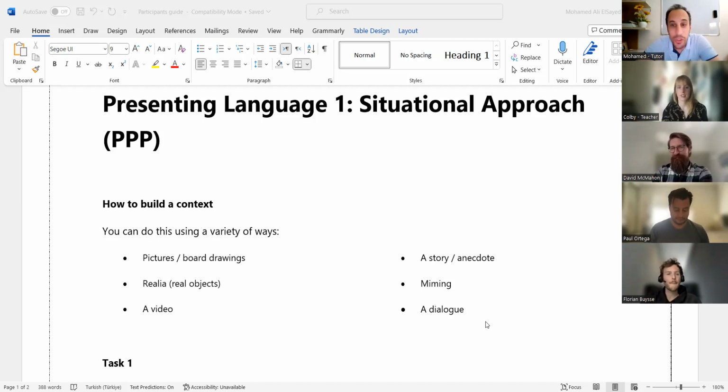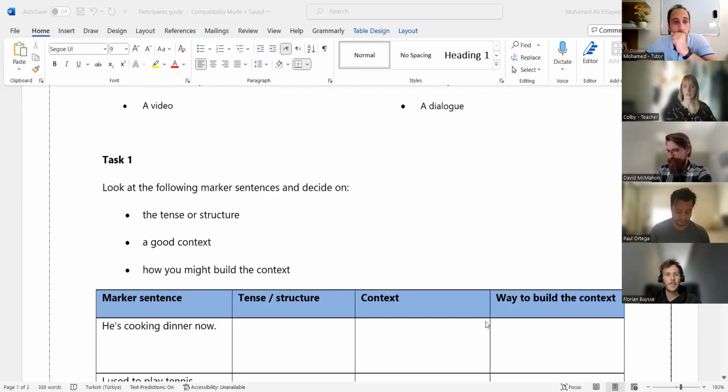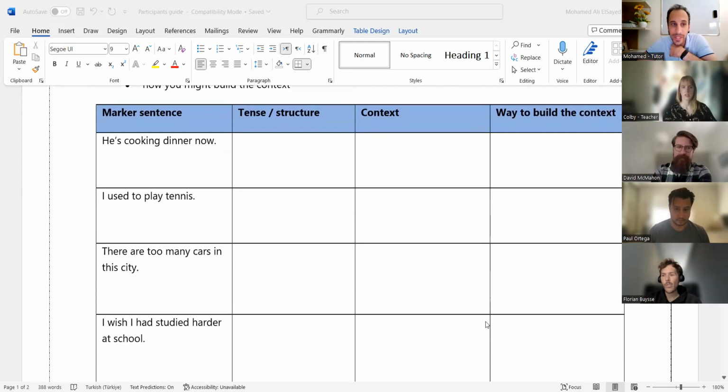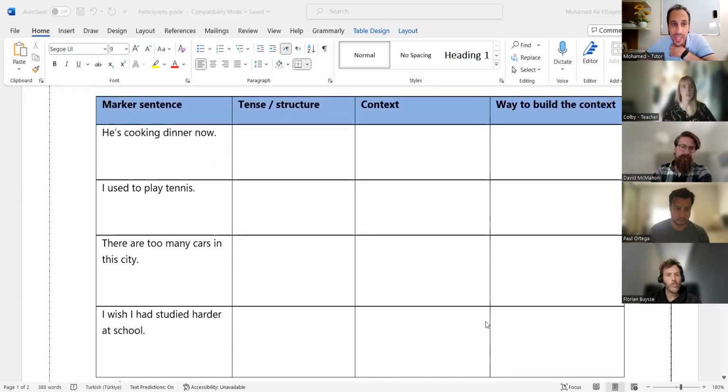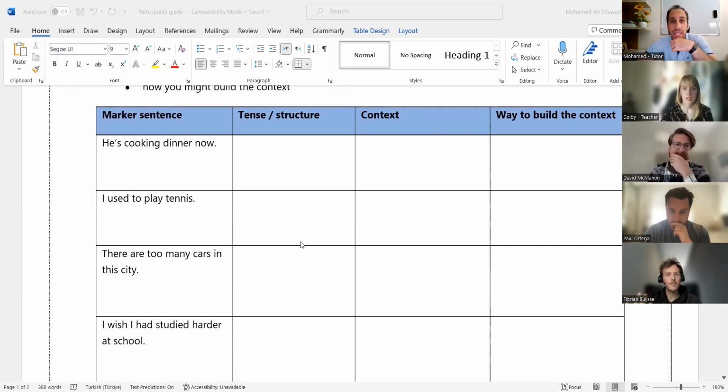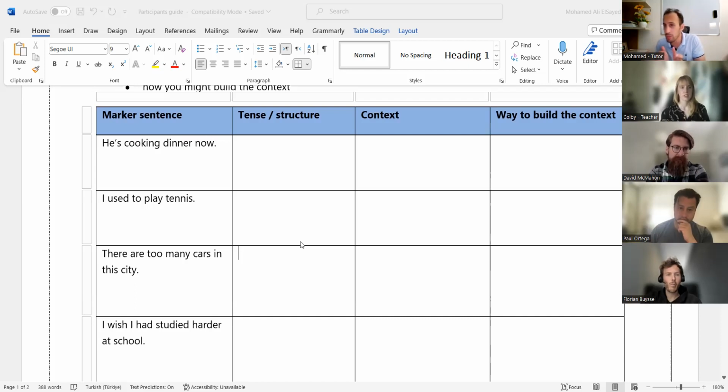So the first task we have today, we have some structures or some tenses here. How many sentences do we have? And with your partner, I'm going to send you to breakout rooms, like 3 and 4, because we're 7.